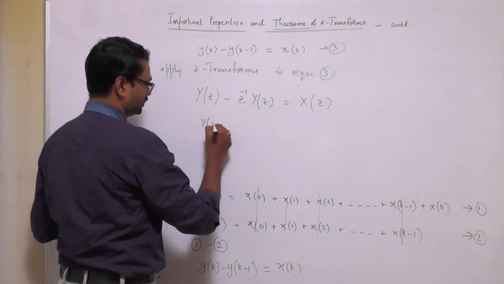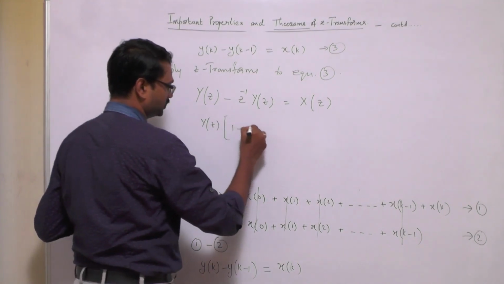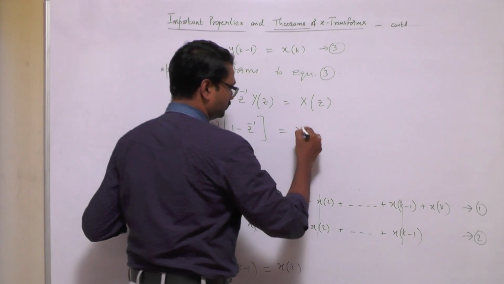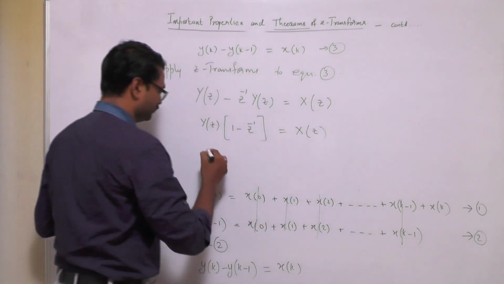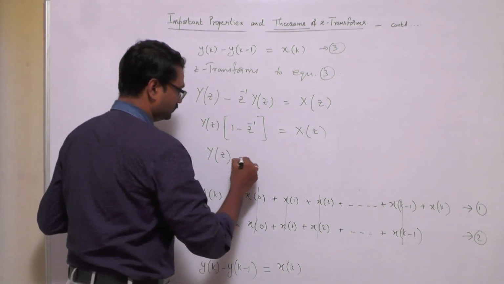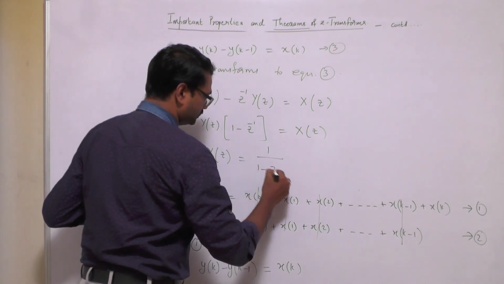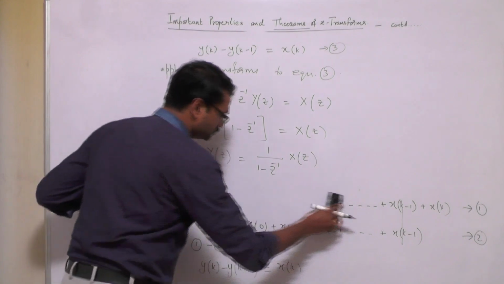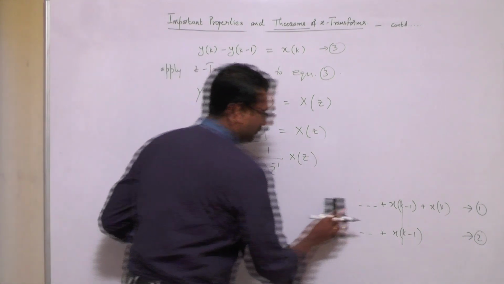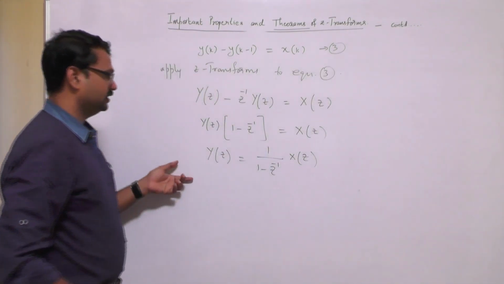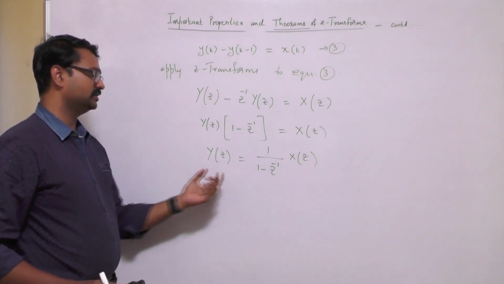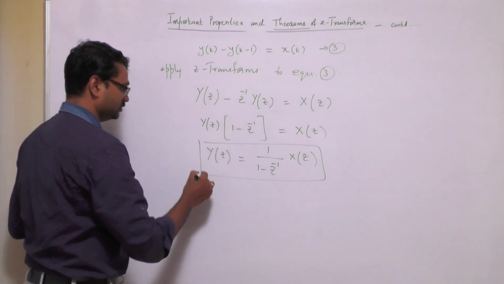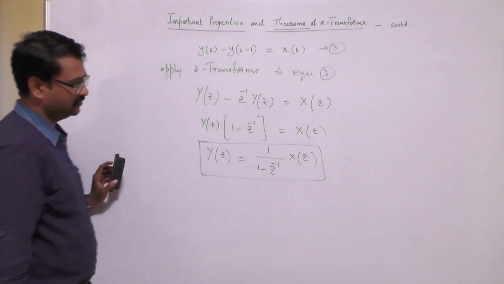Taking y of z as common, I will have y of z into 1 minus z inverse, which is equal to x of z. Therefore y of z is equal to 1 by 1 minus z inverse into x of z. So this is how we use the real translation theorem to get the result y of z when y of k is the sum of many functions x of h.